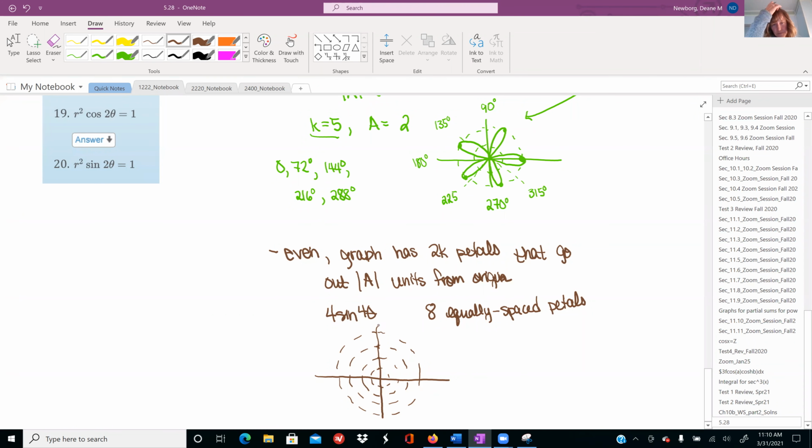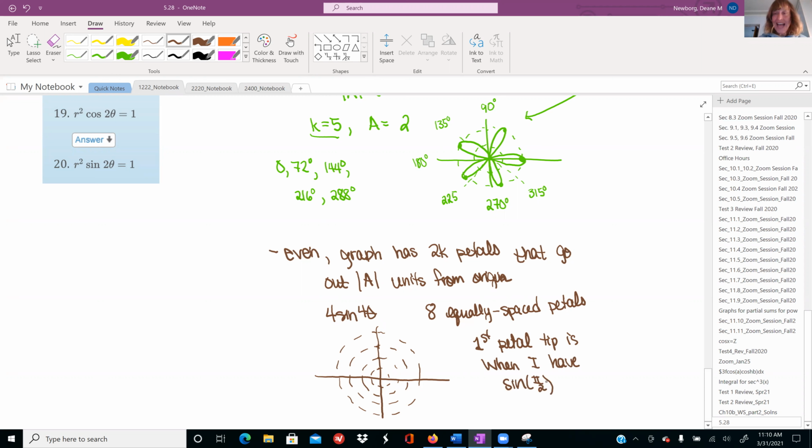Okay. What I might want to do is figure out where's the first petal tip. So the first petal tip is when I have sine of pi over 2. Right?